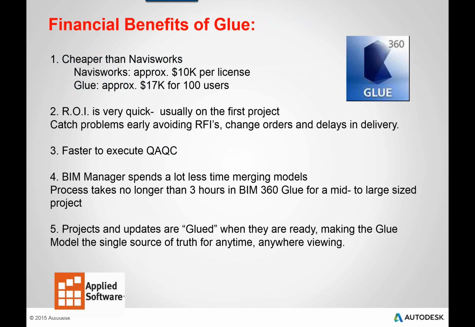Now it is mandatory on all of their projects during QA and QC for them to do the coordination, and not even wait to the very end, but to do it during the design process. And the BIM manager here will spend a lot less time merging, allowing everyone on the design team to be a part of the design process.